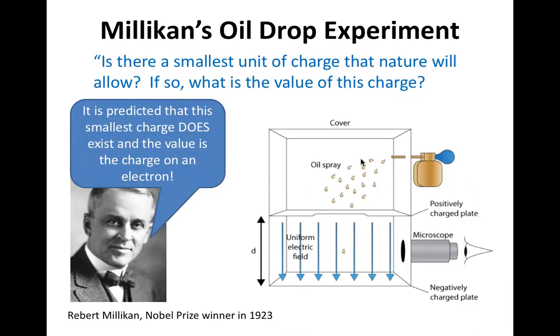So he had like an oil spray at the top in this closed apparatus. And in the bottom half, he has the charged parallel plates, which produces a uniform electric field in one direction. And the oil droplets will be charged on their way down, and there will be an electric force and a gravitational force.